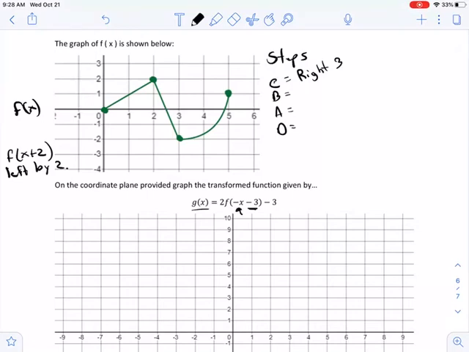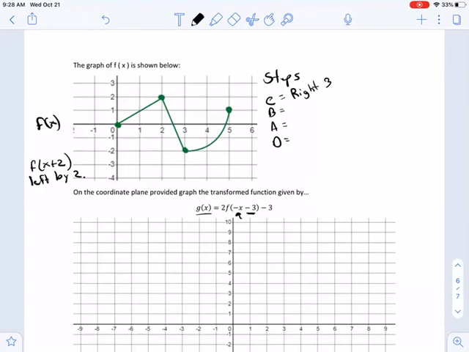Here I have this negative 1 as my B value, so that is going to be a reflect over the y-axis because of that negative x. My A value is a 2, so this is going to be a vertical stretch by 2. And then finally I have this minus 3, which is going to be a down 3.